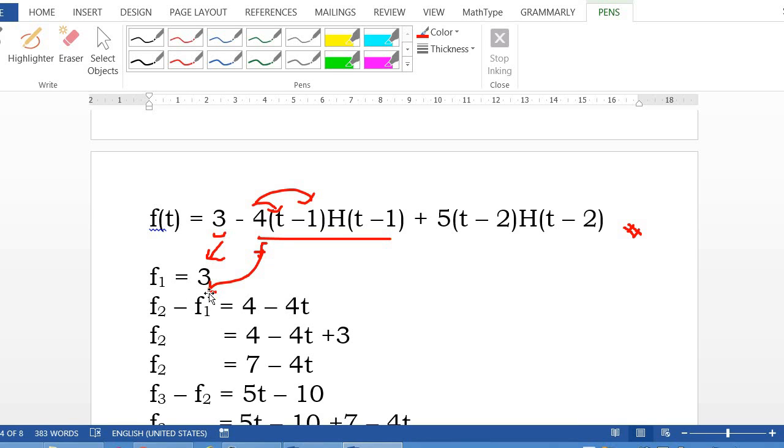Expanding, f2 minus f1 equals 4 minus 4t. To get f2, plug in f1, which is equal to 3. Minus 3 brought to the other side becomes plus 3, so 4 plus 3 is 7, so f2 is 7 minus 4t.